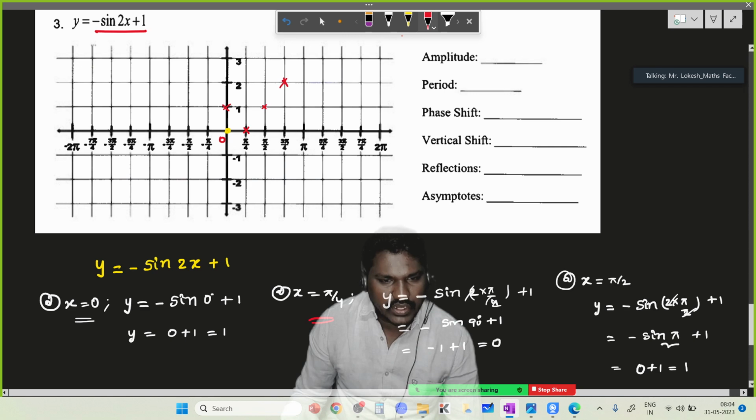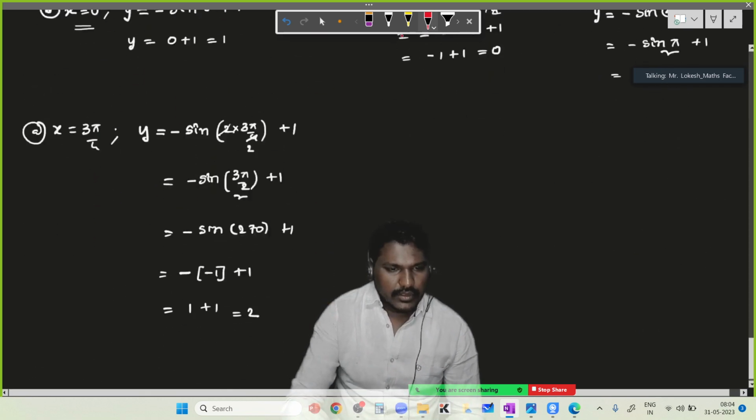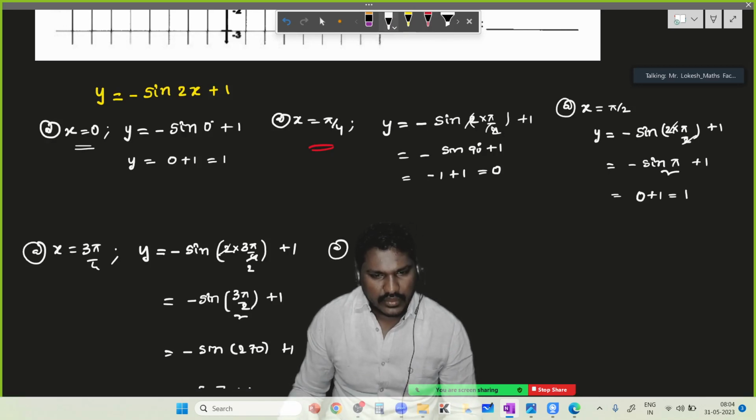So here the point will come. Now coming back to pi again, at x is equal to pi. So y will become minus sine 2 pi plus 1.